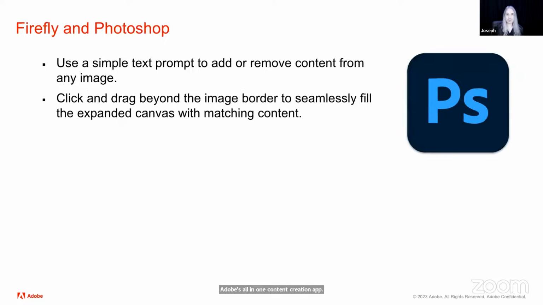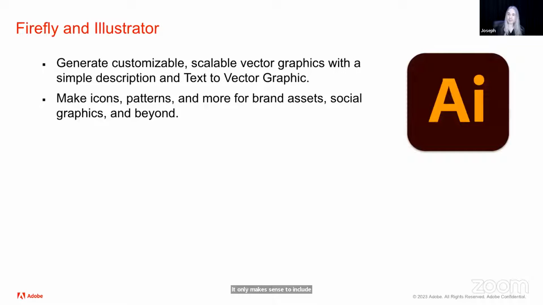We'll also look at Firefly and Photoshop, which of course has been used for decades to create really across all industries, right? To create visual material, still images, graphic compositions, and so forth. It only makes sense to include generative AI inside of Photoshop, but also Illustrator.